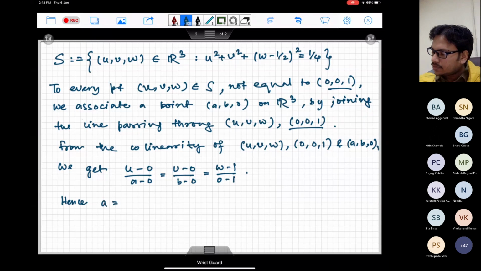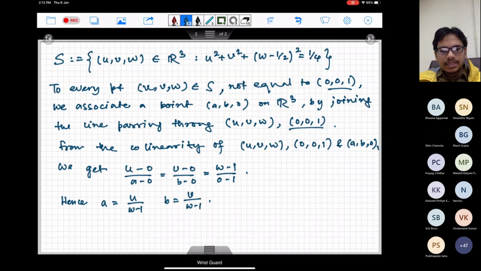Hence what I get is that a is equal to u by (w minus 1) and b is equal to v by (w minus 1). So I am going to associate a point (u, v, w) on S to the point (a, b) in R2, or a plus ib in C. Sir, it should be 1 minus w.